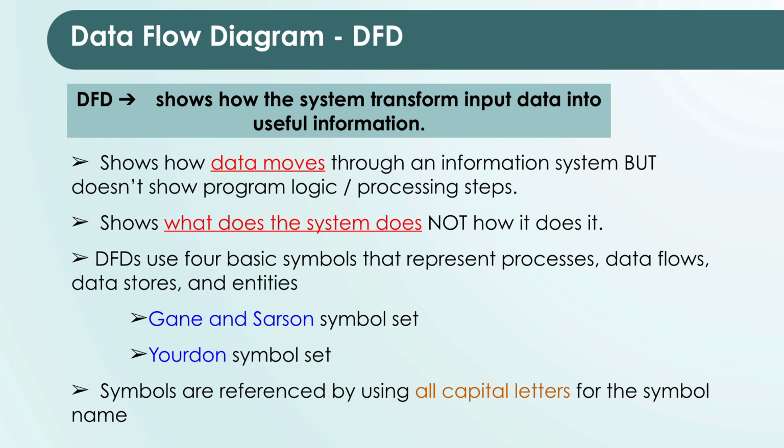There are 2 types of symbol sets for creating a DFD: the Gane and Sarson symbol set, and the Yourdon symbol set. The symbol sets are the reference for the process, data flow, data store, and entities, and labels must use capital letters.